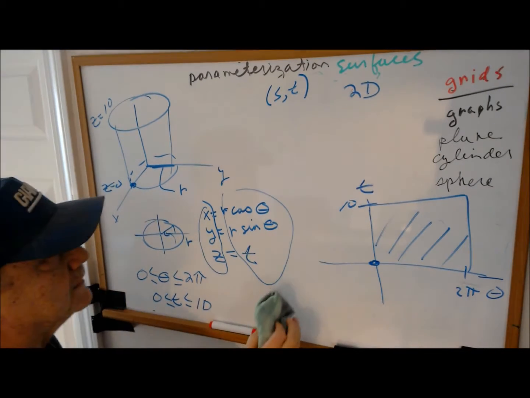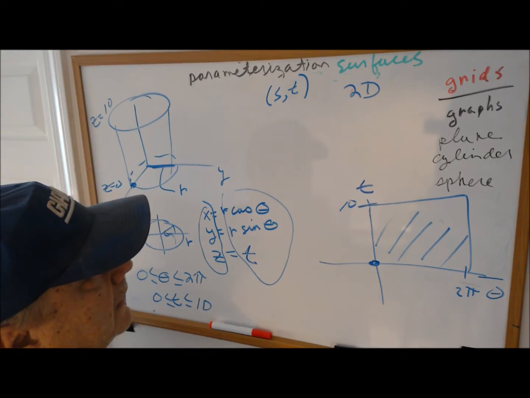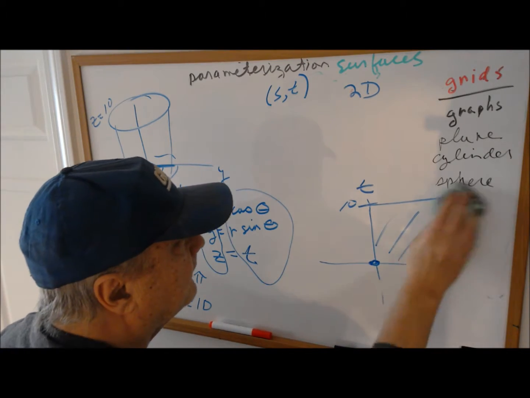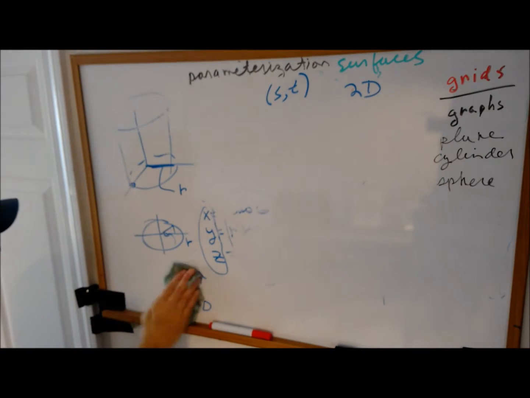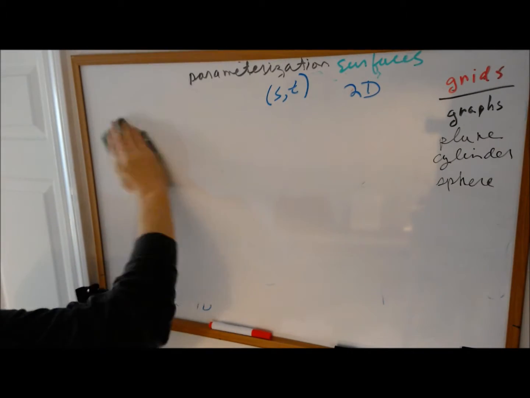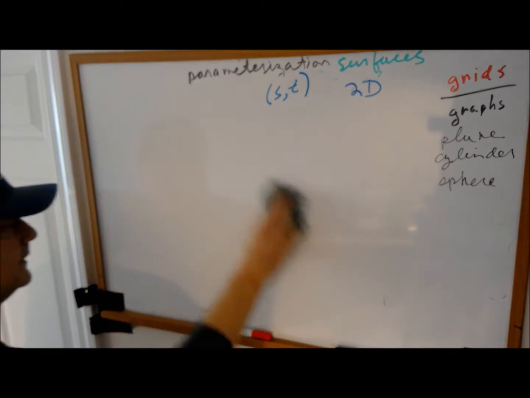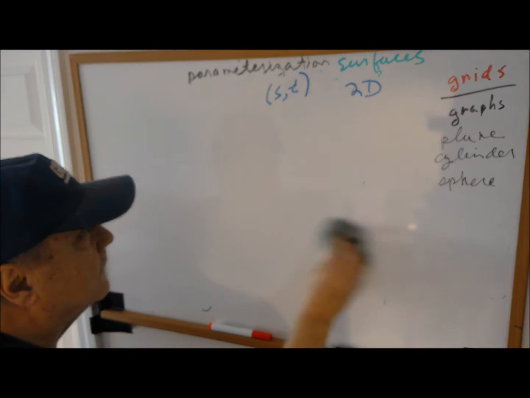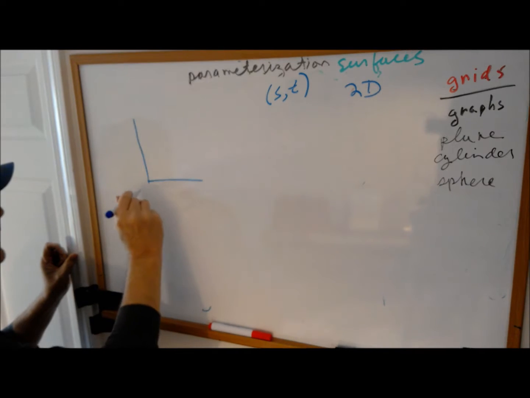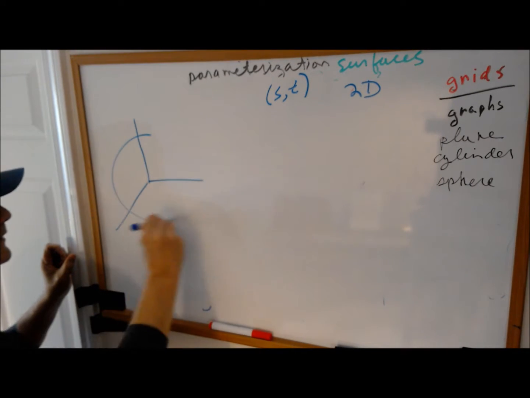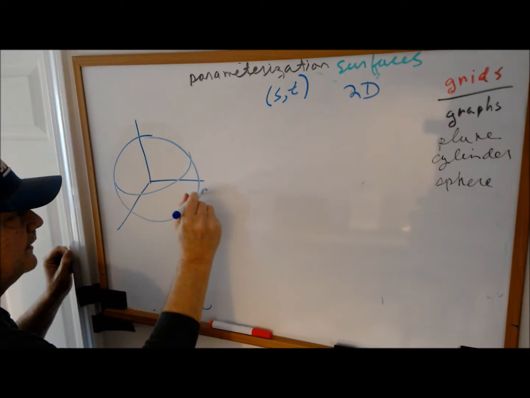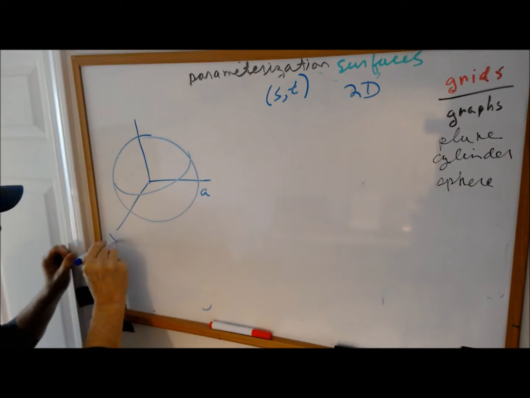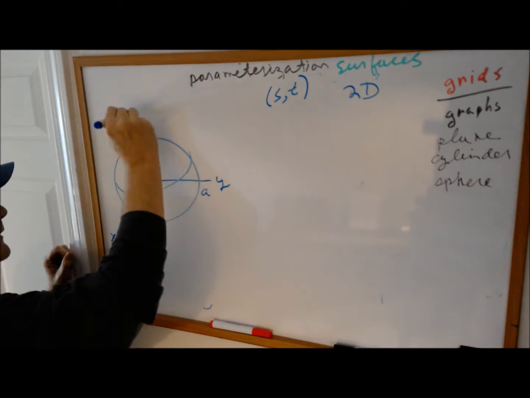All right, next is a sphere. A sphere, and we'll keep it simple. We'll make it a sphere of radius, I don't know, a, centered at the origin. So this radius value here is a. You know, it's x, y, z.